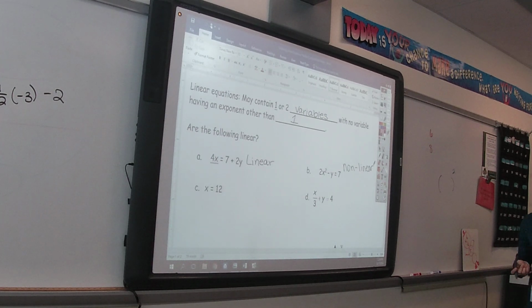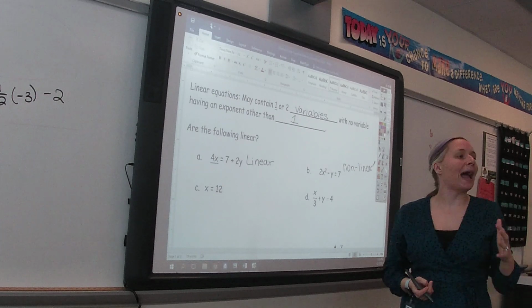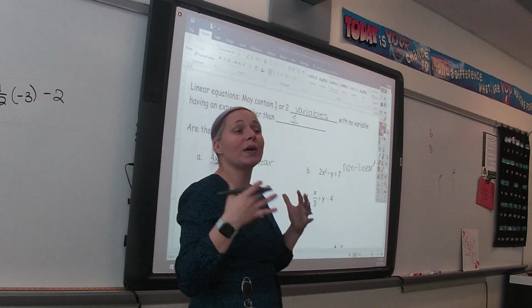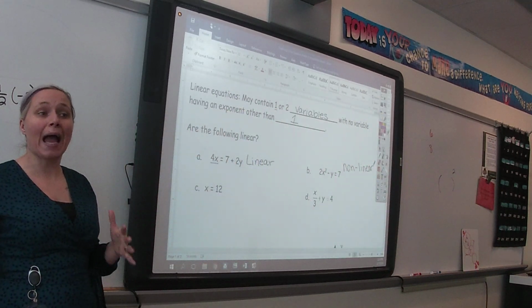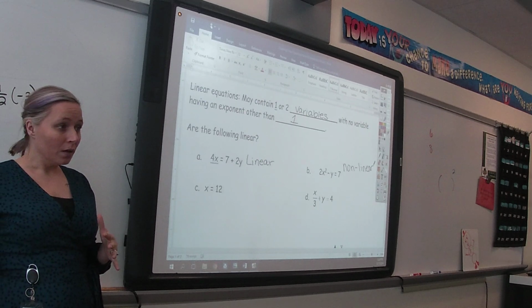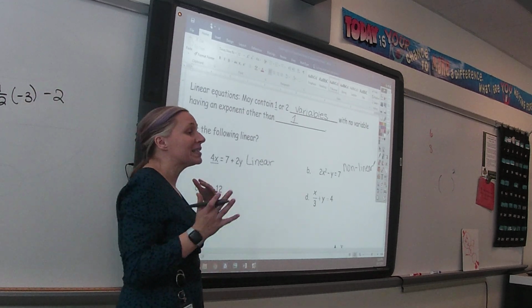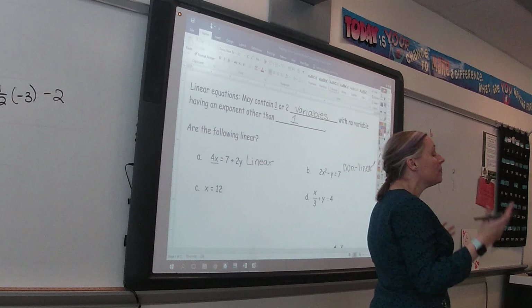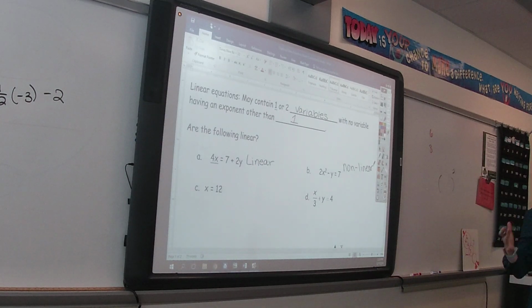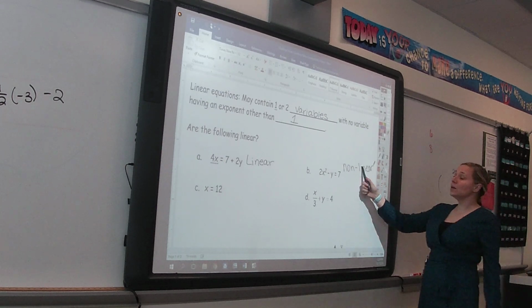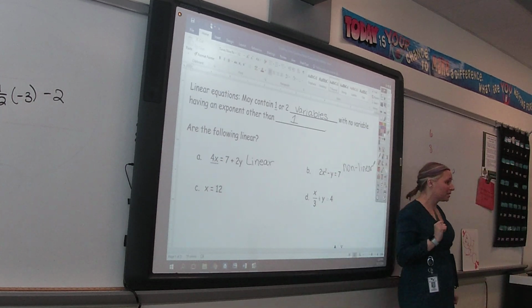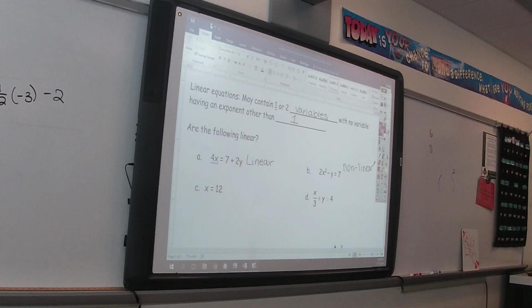Those patterns give us information that allow us to take shortcuts or to have a general idea of what's going to happen. Knowing that something is linear or not gives us a big piece of information about what is happening as we learn more about linears. So while this for right now is nonlinear, we are going to be able to give this a label of a quadratic later in algebra, later this school year.